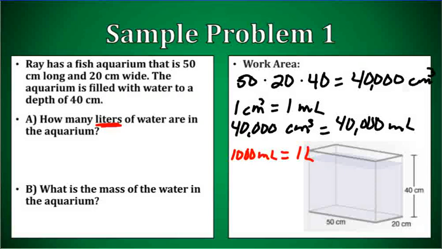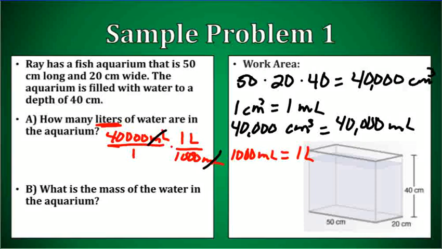So I have 40,000 milliliters over 1, and I need to convert that to liters. So that's 1 liter over 1,000 milliliters. My labels divide out, and now I can divide, so 0 divides with 0, another 10, 1,000. That leaves me with 40 liters. So using again our unit multipliers, or unit ratios, that we've learned earlier in the year.